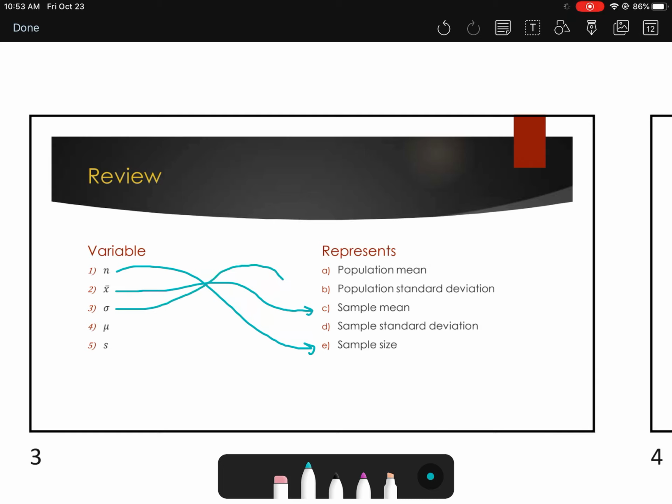Sigma is your population standard deviation. 4 is mu. Mu is your population mean. And the last one, 5, is S, and S is my sample standard deviation. So hopefully you did well on that. Again, it's really important that you know which variable goes with what.